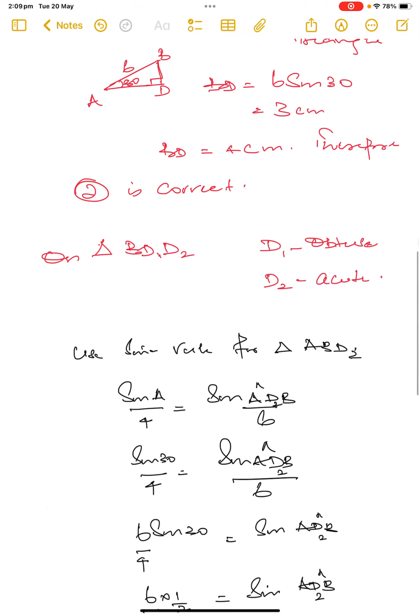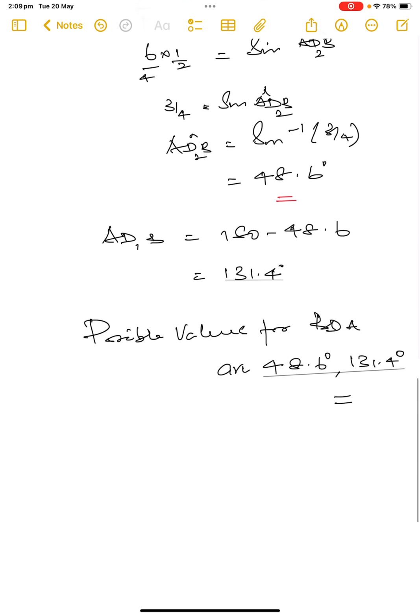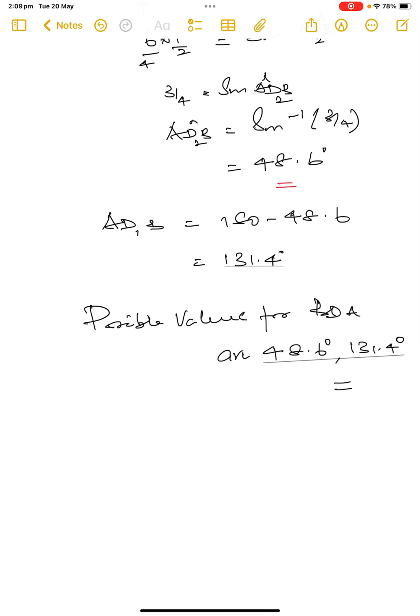If you are taking D1, AD1B equals 180 minus 48.6, because of that the angles are the same, which gives us 131.4.